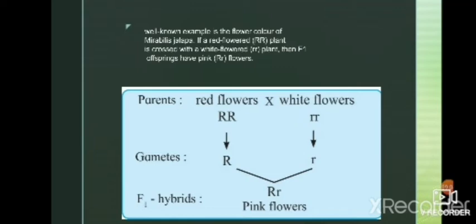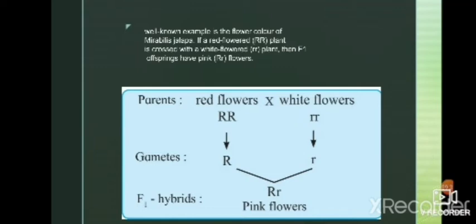If a red flowered plant, denoted by capital R, is crossed with a white flowered plant, denoted by small r, then the F1 offspring have pink flowers, that is capital R small r.